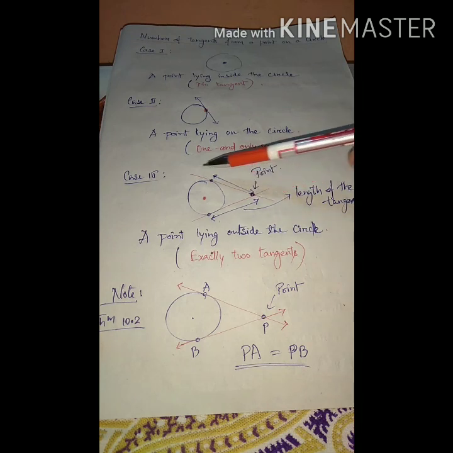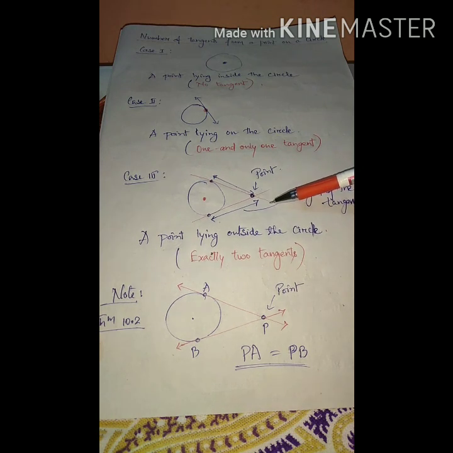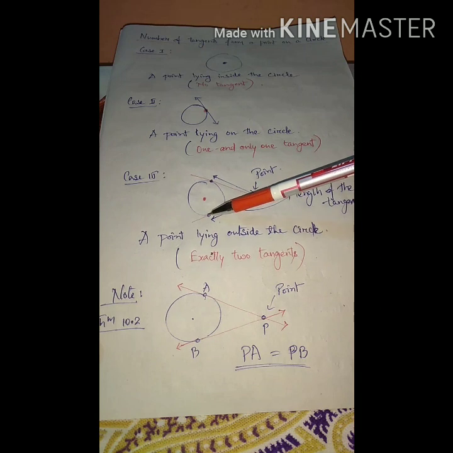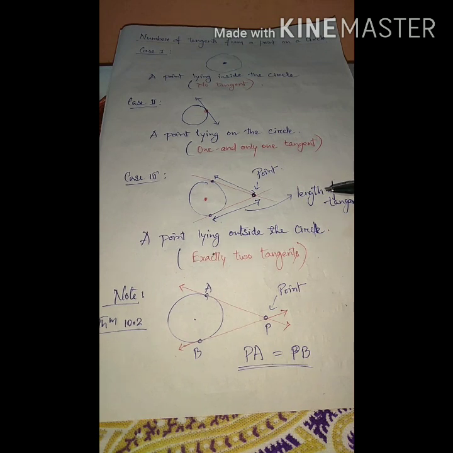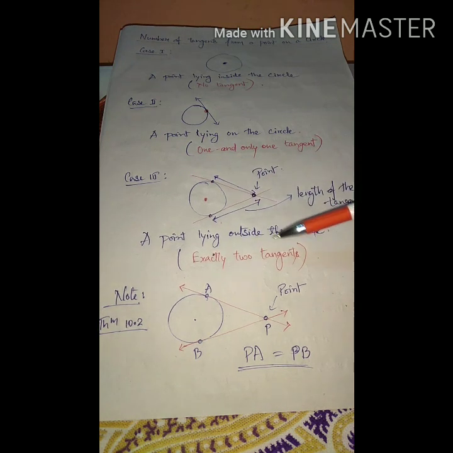If you join these two, then we get a straight line, which is known as a tangent. Similarly from this point, if we join the point of contact, then this one is another tangent. If anyone asks you how many tangents we can draw from a point outside the circle, you have to say exactly two tangents.